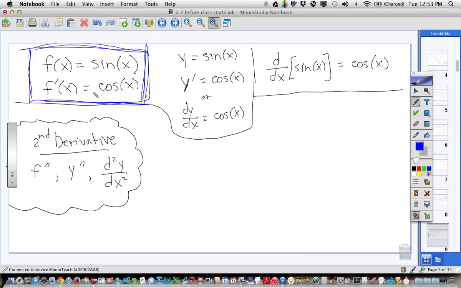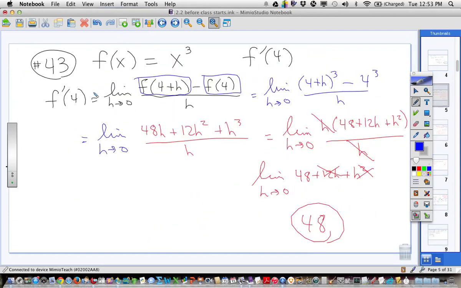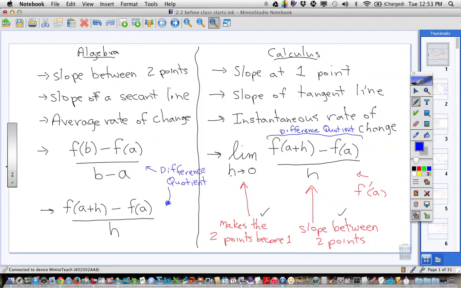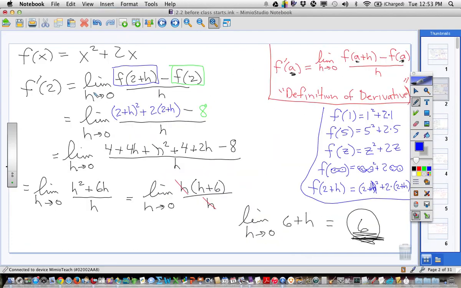What we discover with that is we now have a formula for the f primes. So today's homework, where you had to find f prime of 4 in all those problems, right? Let's go back to this problem right here. Yesterday we had this function, and we wanted to find f prime of 2, and we went through this whole long way of doing it. And then your homework on number 7, you had to do the same problem, except you had to do f prime of negative 1.